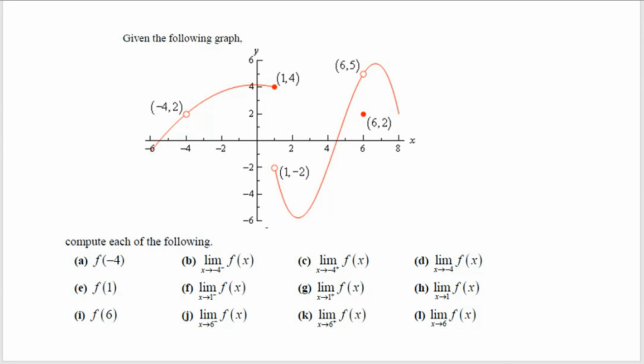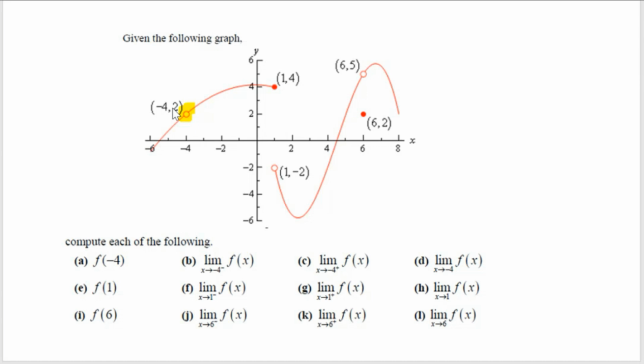Looking at this again, the point that I highlighted has coordinates negative 4, 2, wherein we can write the limit of f of x as x approaches negative 4 from the left is equal to 2.